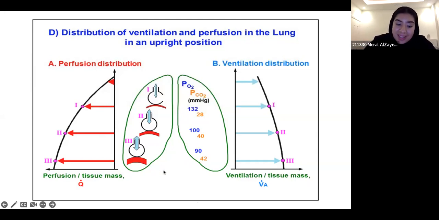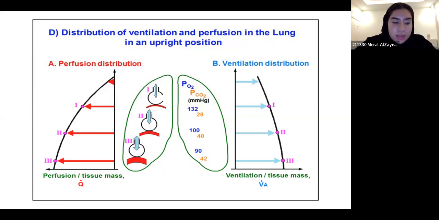But actually the ratio is higher at the top of the lung, or at the apex, because the greatest difference between the 2 is at the top.